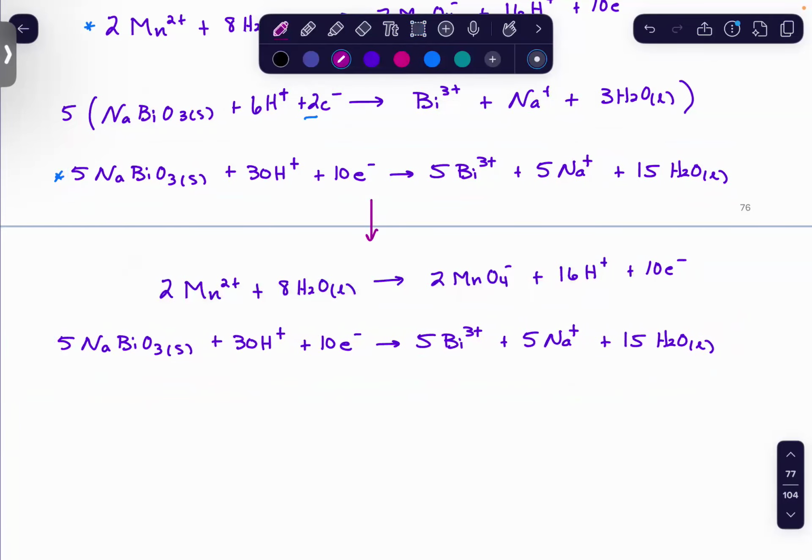That equation there. Then we're going to add these chemical equations. Now, before, the last time, I brought down the electrons, this time I don't care. Like the 10 electrons on the left and the 10 electrons on the right are going to cancel. Let's bring everything else down and see what we have.